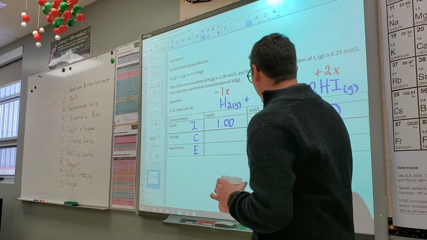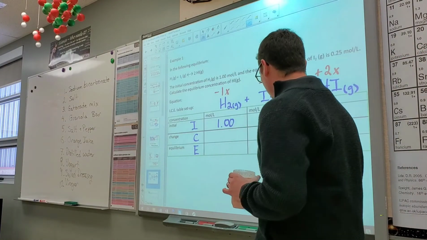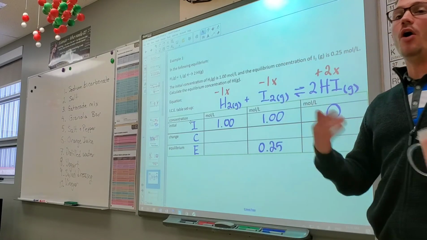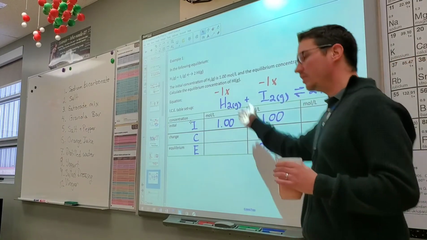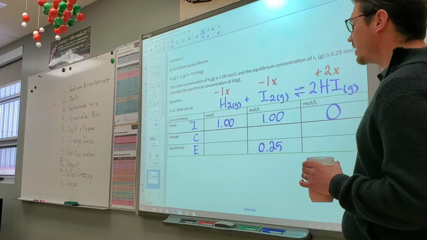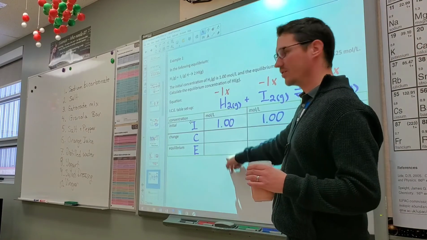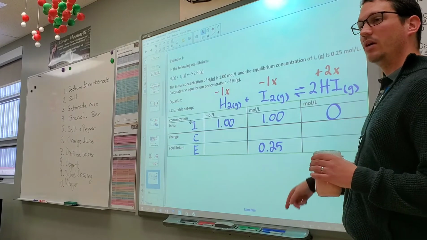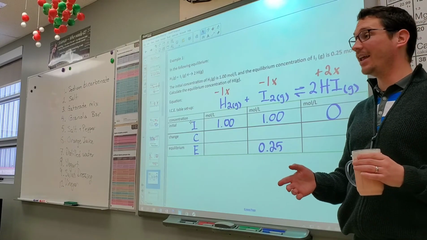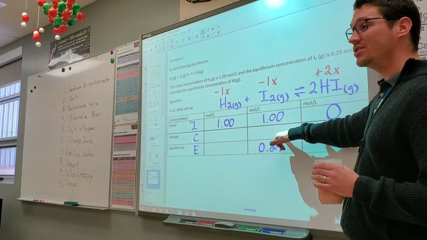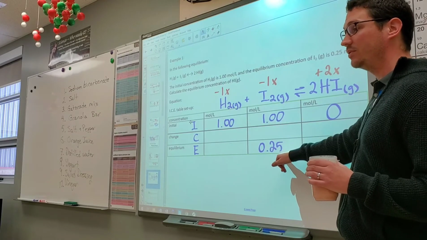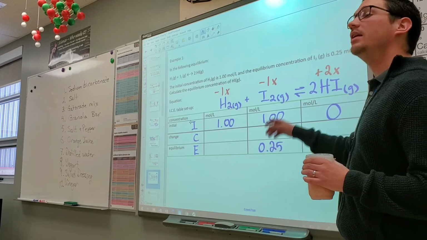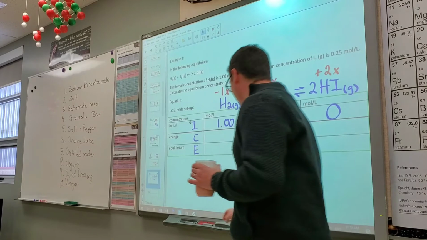Now I'll put that final puzzle piece back in here. You should always be looking for a column that you can finish. Can you finish anything for this first column? No, you can't. Can you finish anything for this column? Yeah, you totally can. What was the change if we went from 1 to 0.25? Negative 0.75.